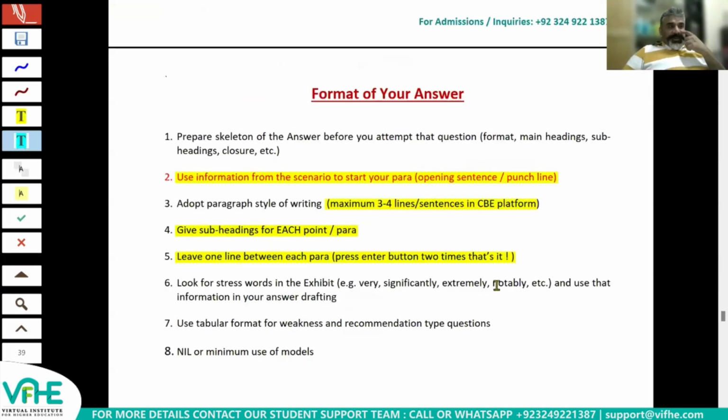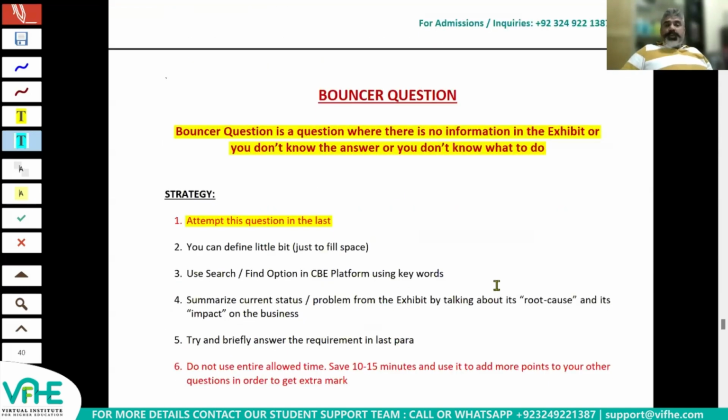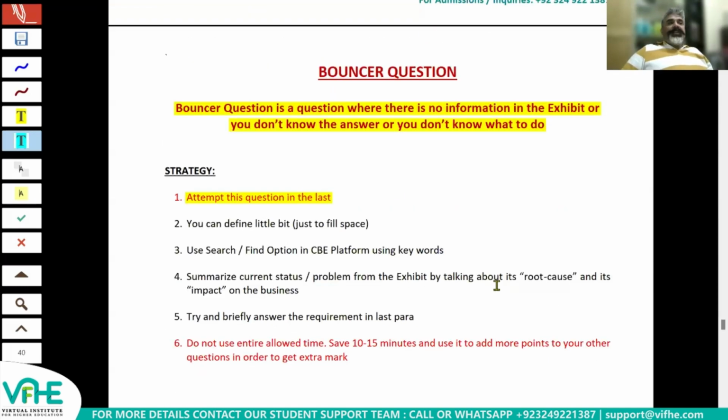The format of your answer is very straightforward: paragraph style of drafting, each paragraph not more than 3-4 lines. We always start with a punchline, with one line between each paragraph. And the bouncer question, I will do in the last. I will try not to utilize the full time, and I will save some time here and go back to the easier questions to add 1 or 2 extra points.